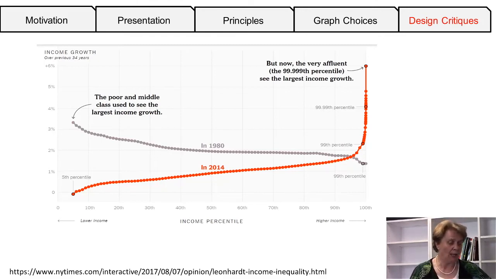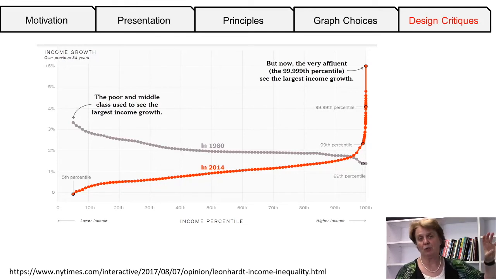And then when you take a look at it, what you see very clearly is that in 1980, the lowest income percentiles had the highest percentage growth. That's kind of expected. When you have a low base, the percentage growth is usually not a big dollar amount, but you can see it's monotonically decreasing. The highest income growth is for the lowest income people, the lowest income growth is for the highest income people.